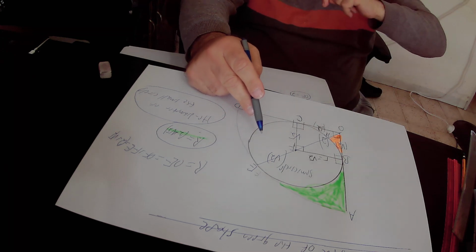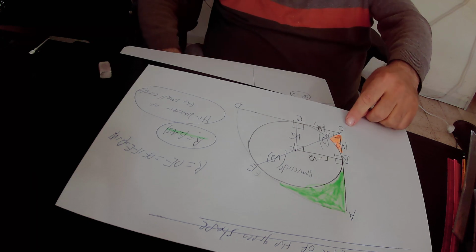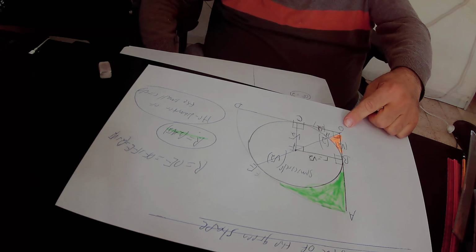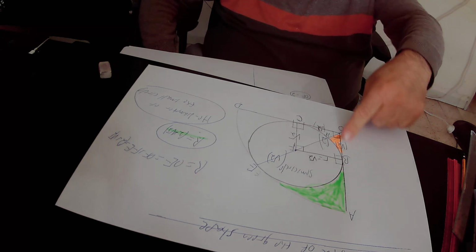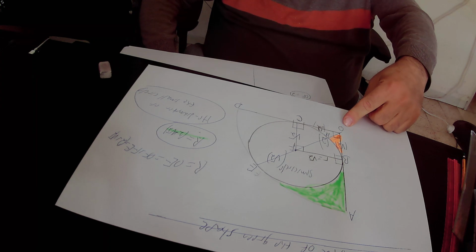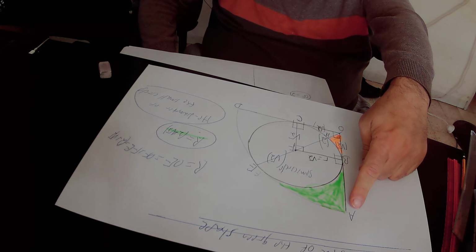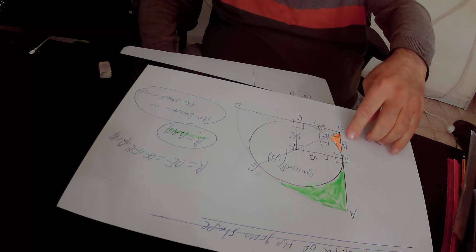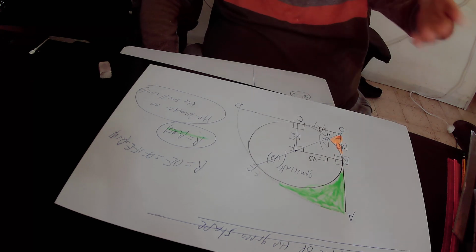AO is also capital R. Why? Because line segment AO starts from point O, that is the center of the big circle, and ends at point A, that is a point on the big circle itself. Therefore, AO also equals capital R, the radius of the big circle.